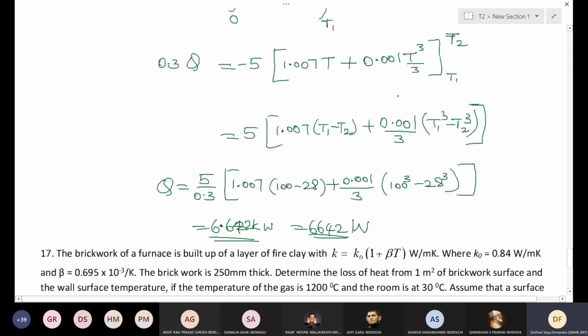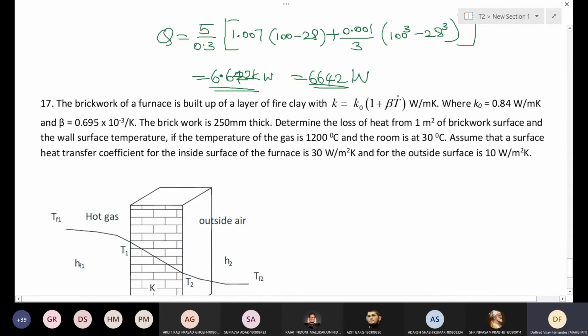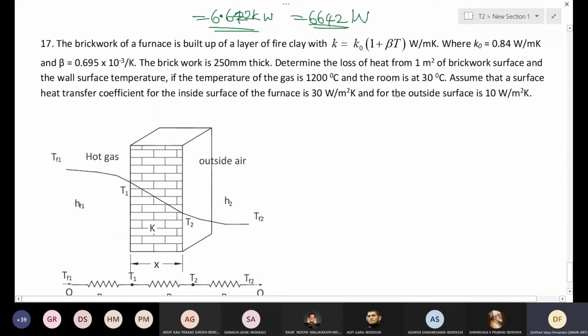But if you have a problem where you don't know the surface temperatures, then the problem becomes complex. So the next problem we have is of that nature.